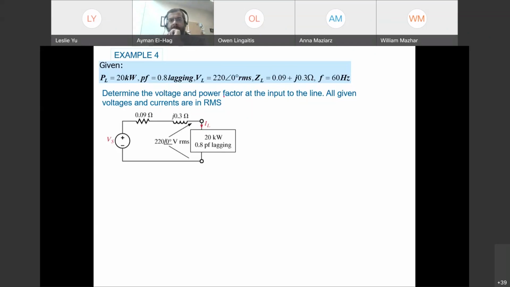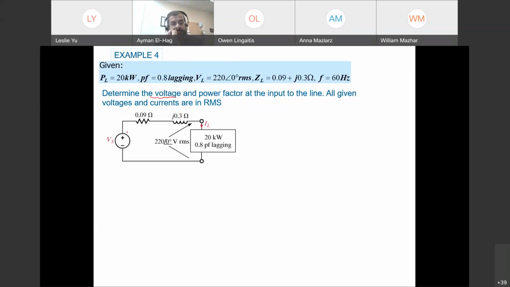That's all. Then ZL is 0.09 plus j0.3, which is this one, this is the line. This is the cable that is connecting the generator to your load. Determine the voltage and the power factor at the input line.